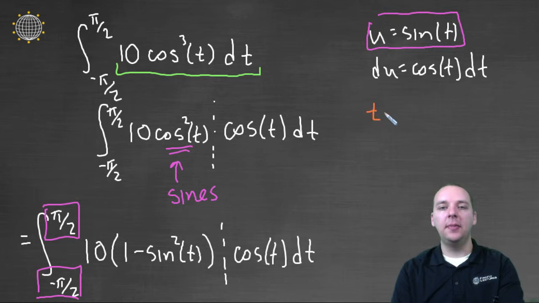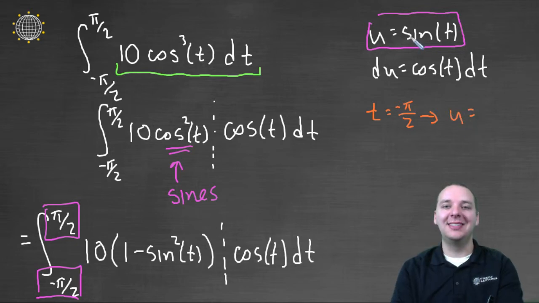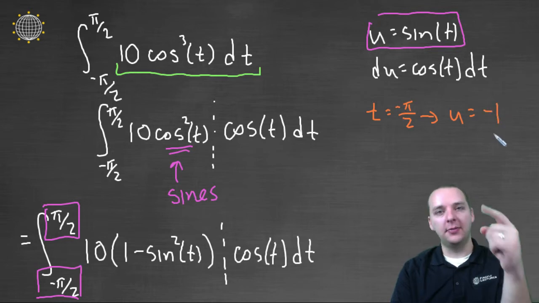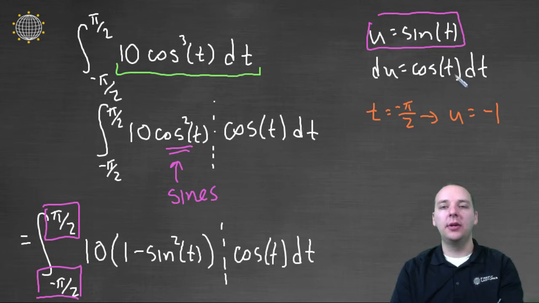If t was negative pi over 2, what would the equivalent u be? Well, I'll just ask you, what's the sine of negative pi over 2? Hopefully you know your unit circle pretty well, and we would know that this answer would be negative 1. It's negative 90 degrees. It's down the y-axis. The y-coordinate's negative 1.